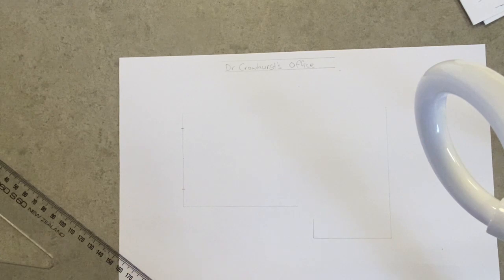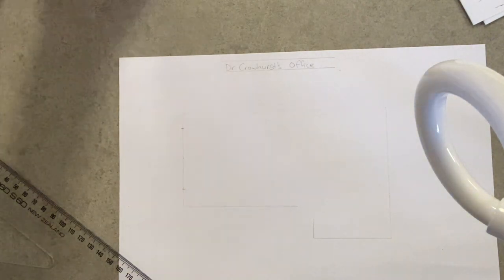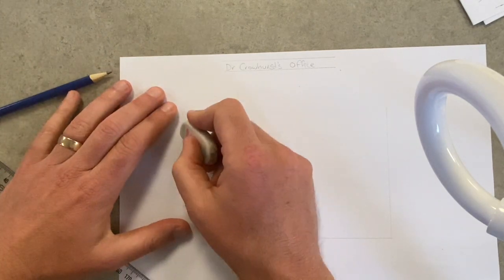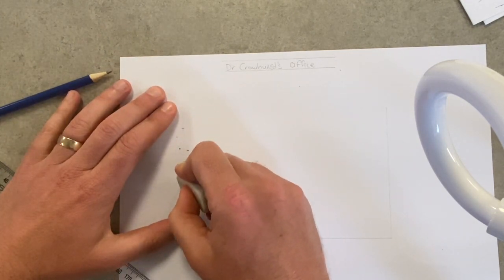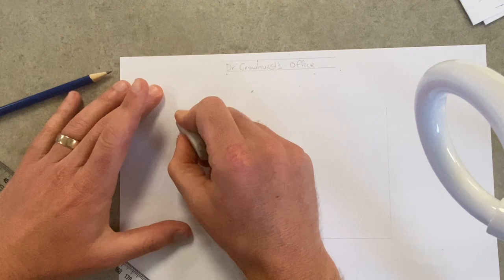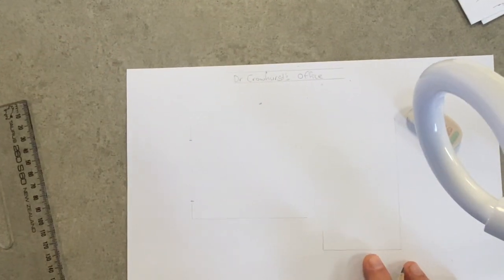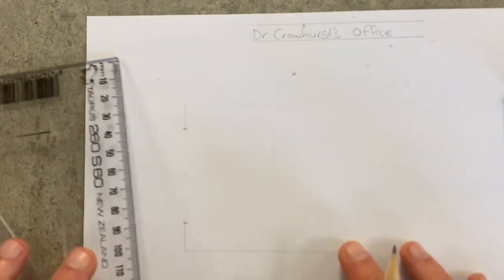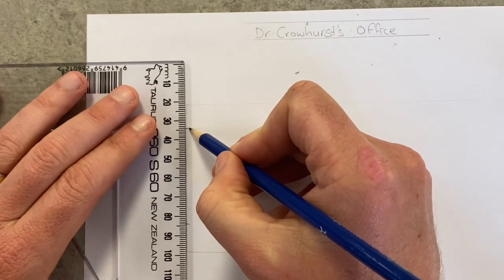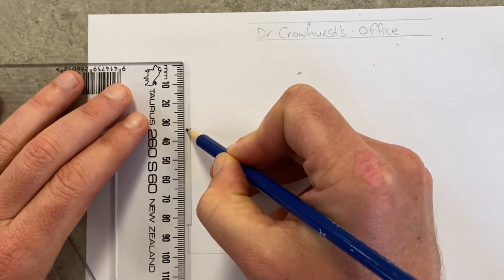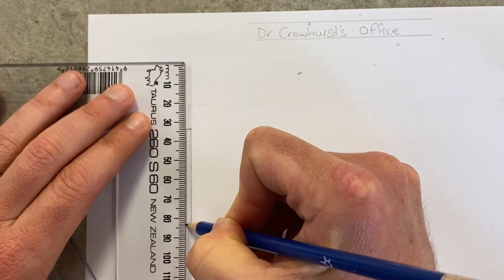What I'll do now is take my rubber and rub out that line. That's why we make them light. Okay, and if I can just zoom in, now we will join that end up to there and that end up to there.